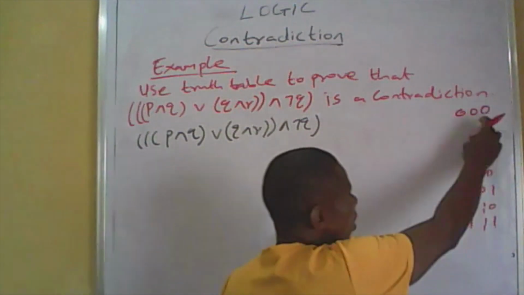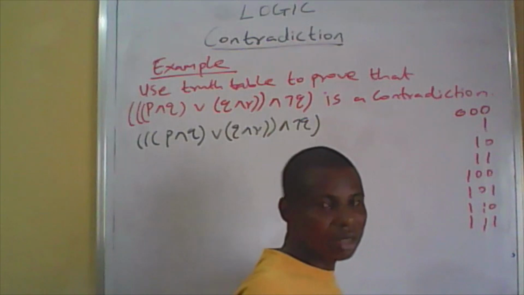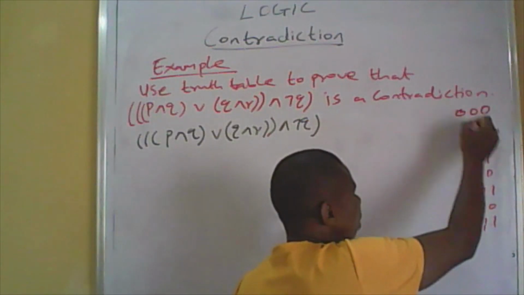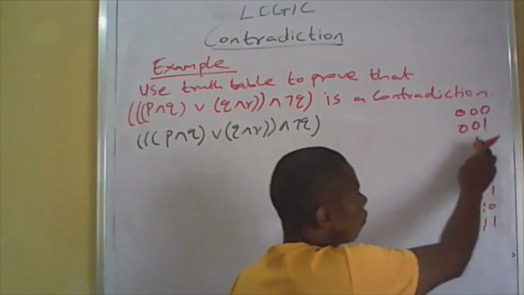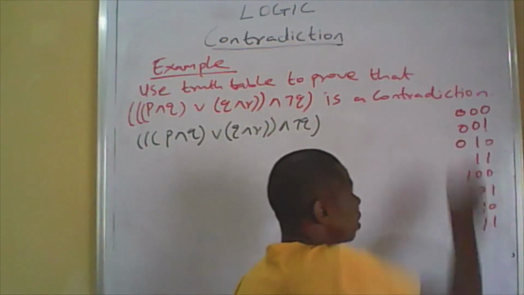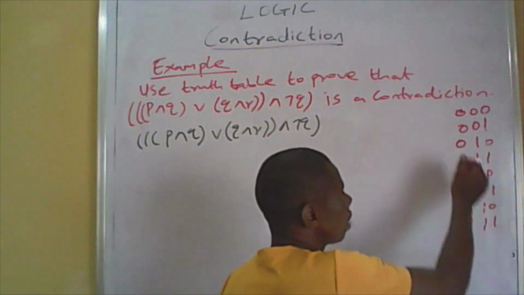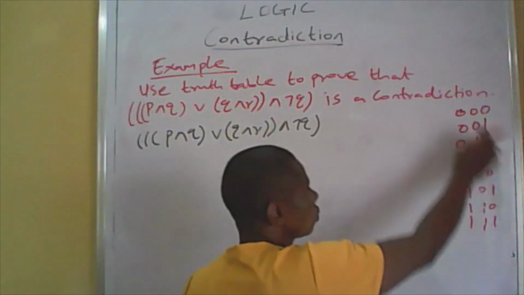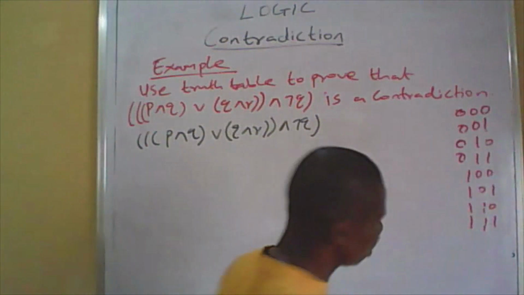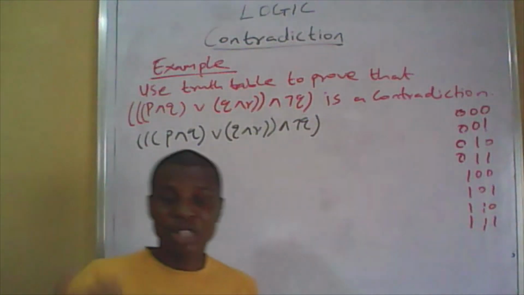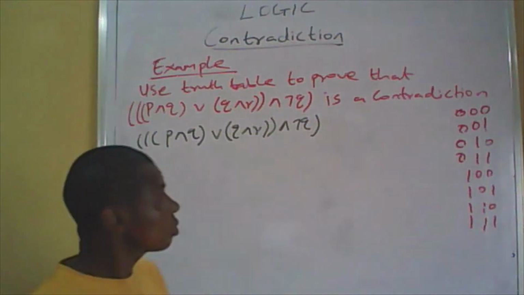Then we have 1 here, only 1 digit, so I'm going to add another 2 zeros to make it 3. Here you have 10, only 2 digits, so I'm going to add 1 zero to make it 010. Here you have 11, you have to add 1 zero again to make it 3. So we have now 3 digits in all, so that it can represent our simple statements.